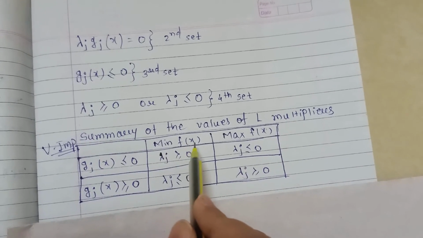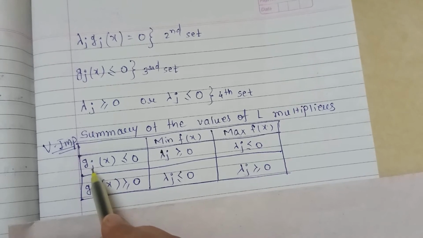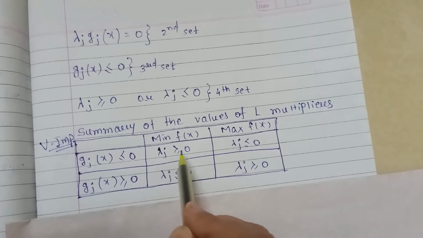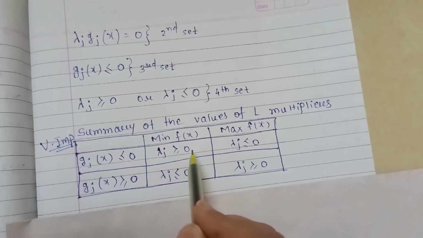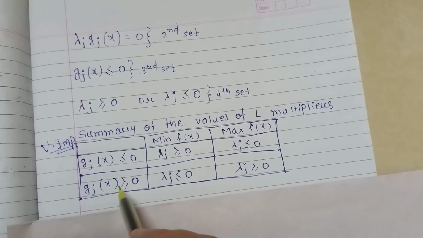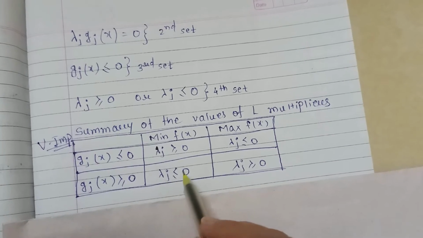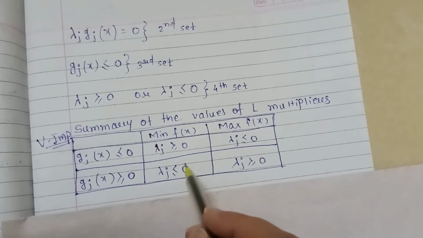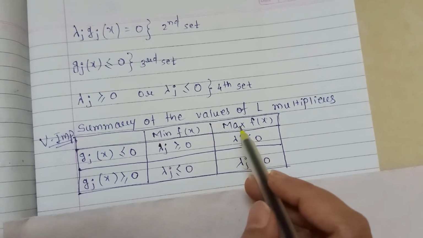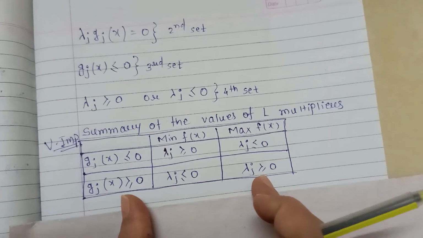If the problem is of minimization and the constraints in the given problem are of less than or equal to type, then lambda j will be greater than or equal to 0. Again, in the minimization problem, if gj of x is greater than or equal to 0, then we have to select lambda j less than or equal to 0 as the final KT condition. Similarly for the maximization type, you can see here and take a screenshot of this.